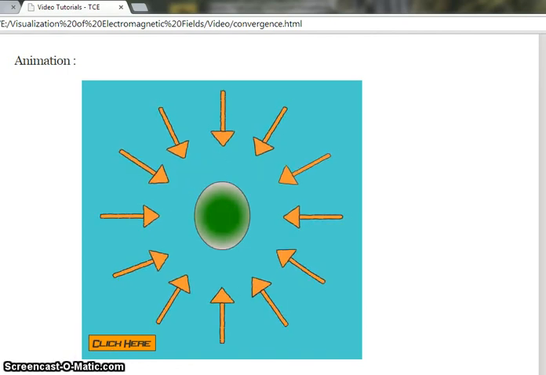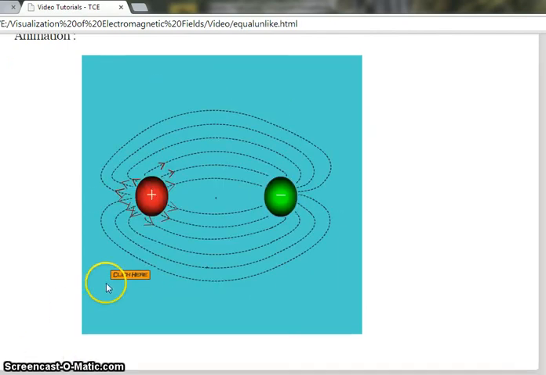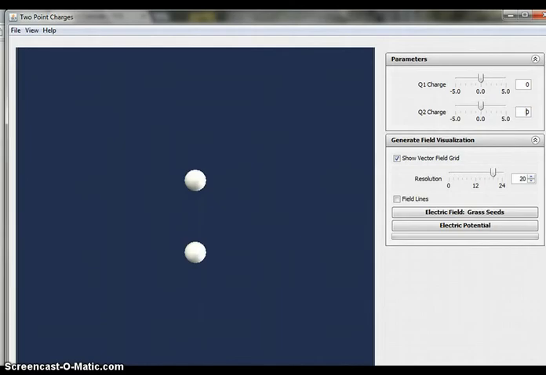So what we understand is that the electric field starts at the positive charge and converges at the negative charge. This animation best explains the nature of the electric field, which starts at the positive charge and sinks at the negative.